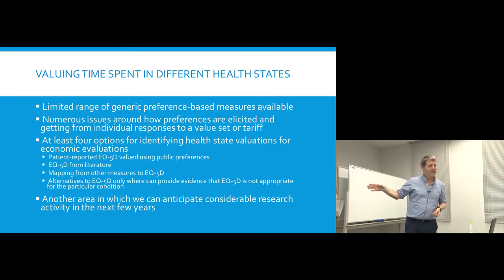But the public preferences, the idea is the people who have scored the health states, the people you've done the time trade-off with, are not the patients, but the public. Now this is something it's worth spending a little bit of time on, because it's not obvious to most people why we use the public.